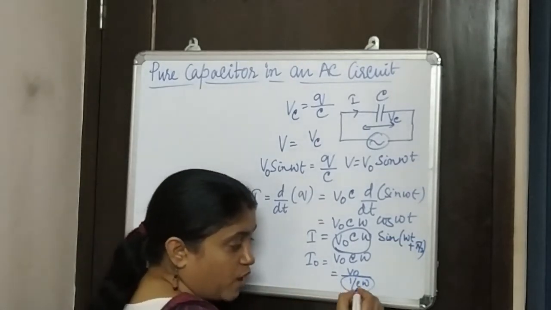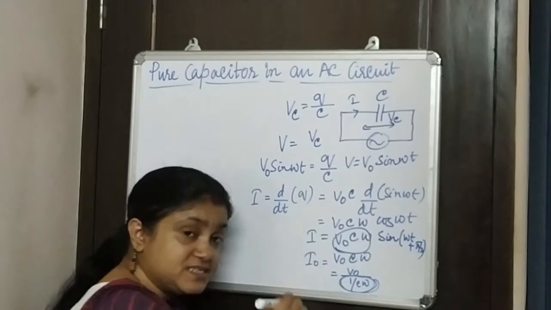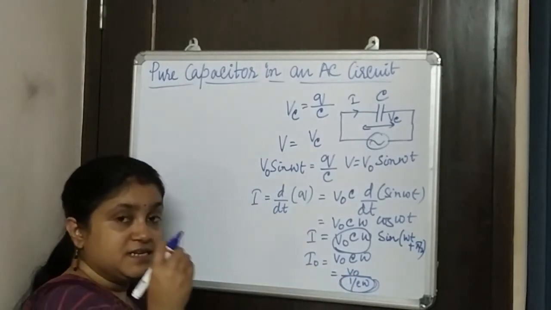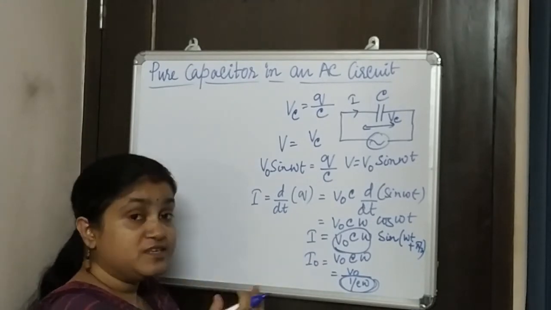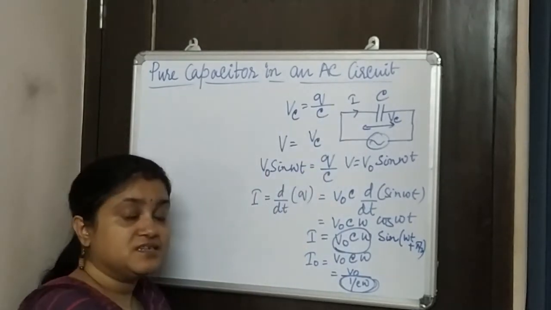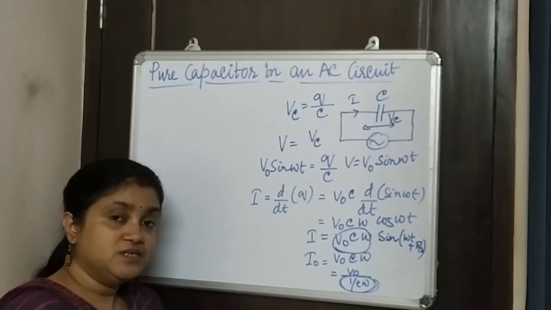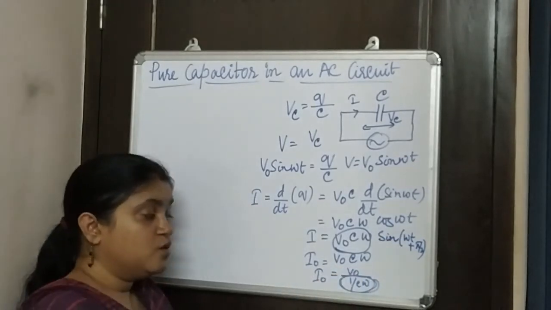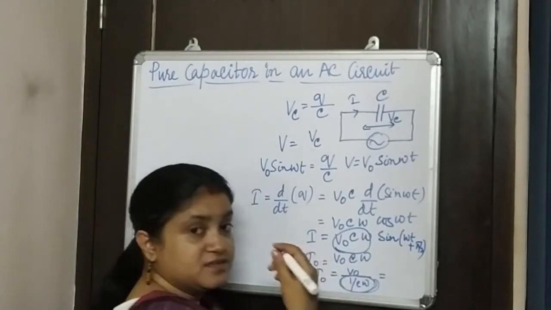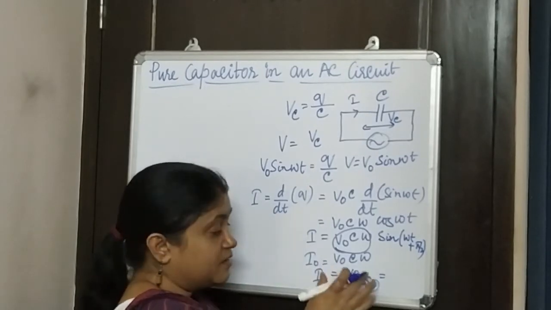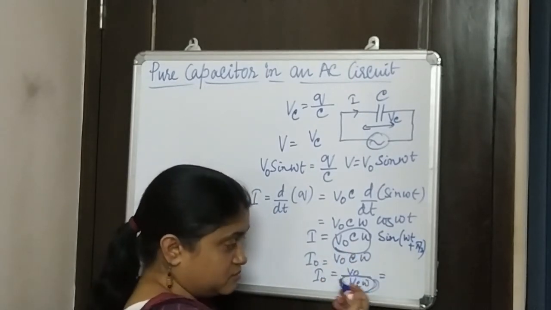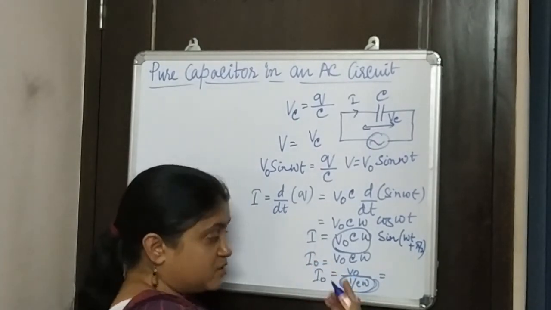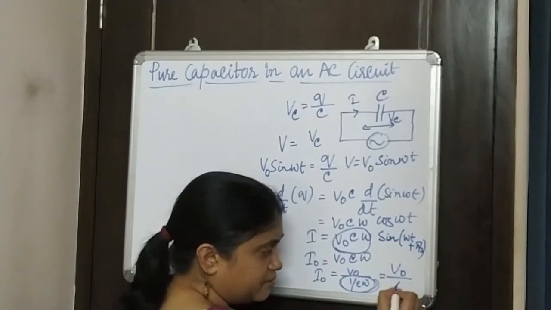And here 1 by C omega, or 1 by omega C, gives us the concept of the resistance that this capacitor is giving to this particular circuit. So if I naught is V naught by 1 by C omega, I can write it as the capacitive reactance given by the capacitor. So I can write it V naught by XC.